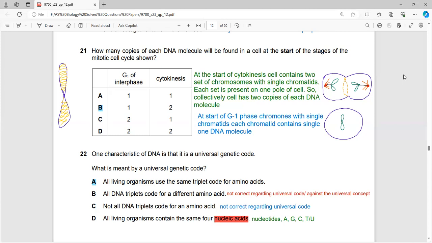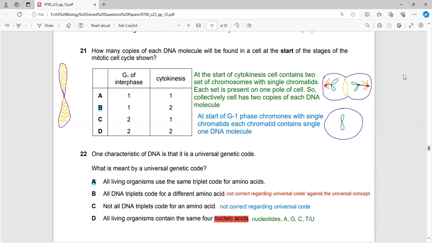Until now, the cell didn't complete the cytokinesis, because the question says the start. So at the start, the cell is one entity. Within the one boundary of the cell membrane, the chromatids are present. So that's why there are two.